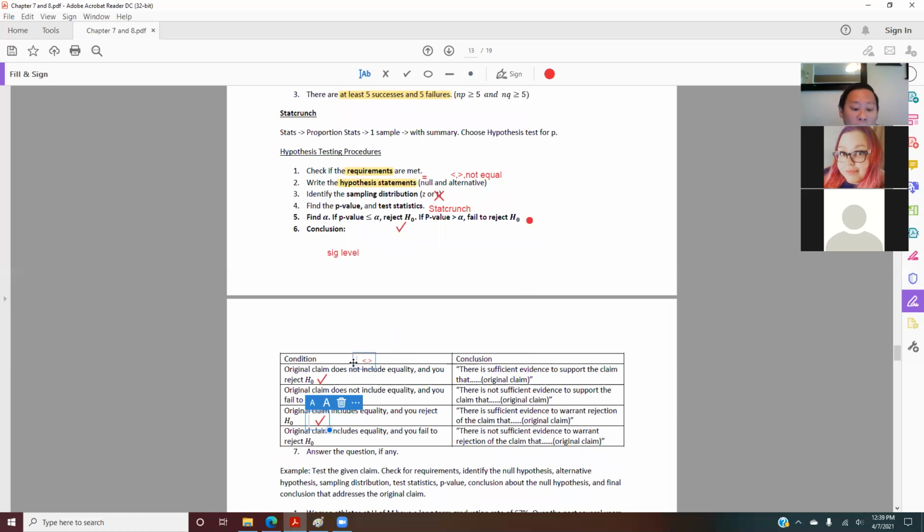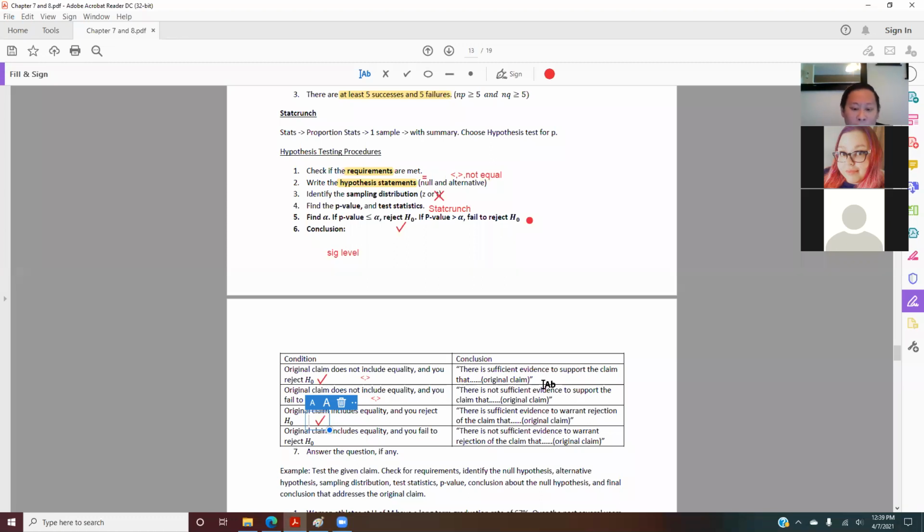then you will be taking part of this conclusion here. So either you have less than or greater than, you'll be taking this one. And if you have a rejection of the null hypothesis, that will be your first conclusion. This is the conclusion you have to write: there is sufficient evidence to support the claim that, and then your original claim that is found in the question.